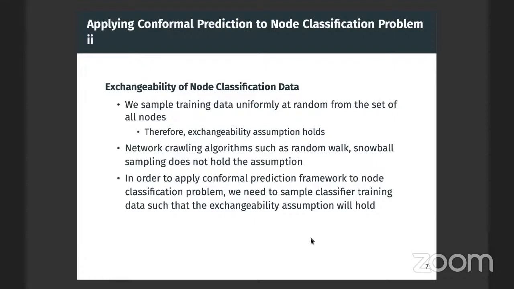But if you randomly sample this training data, in that case, this data becomes exchangeable. So this is part of our future work as well, to look at how we can modify this framework, because we cannot really depend on how we sample the data in order to apply the algorithm. So that's our ongoing work about how we can generalize this to other kinds of sampling algorithms.